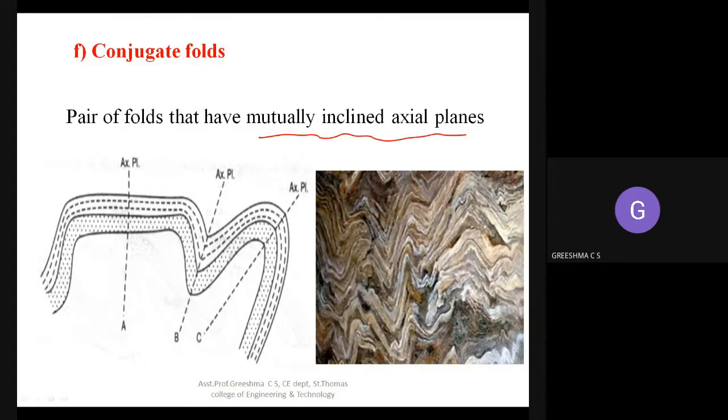You can see one axial plane is passing like this, that's another inclined axial plane, another inclined axial plane. Here also you will get an axial plane. So they are mutually inclined to each other. You can see the real picture. So that is conjugate fold.